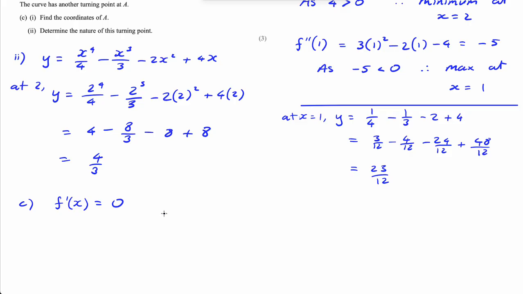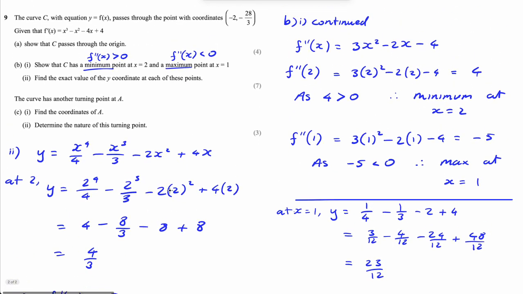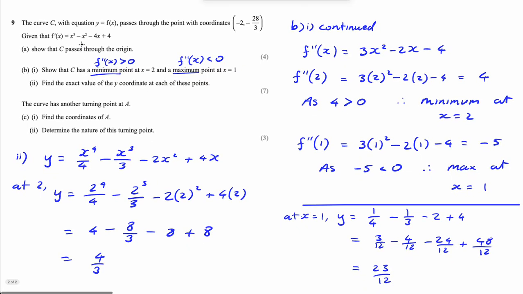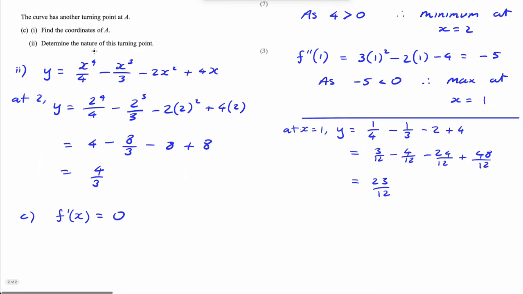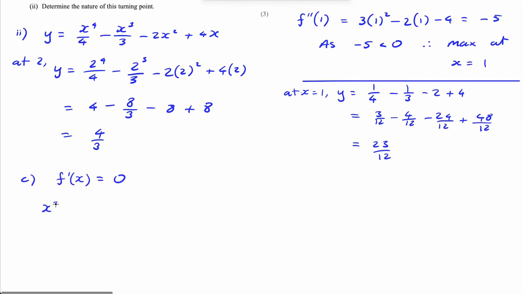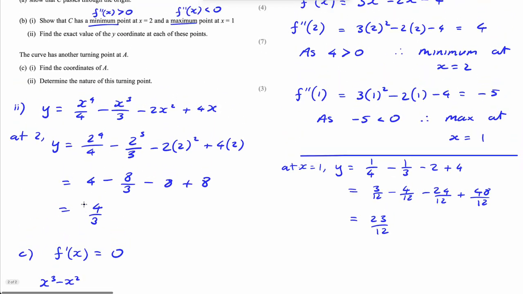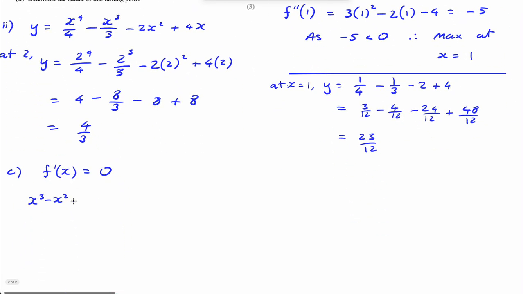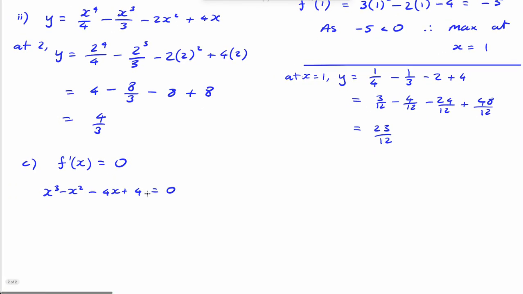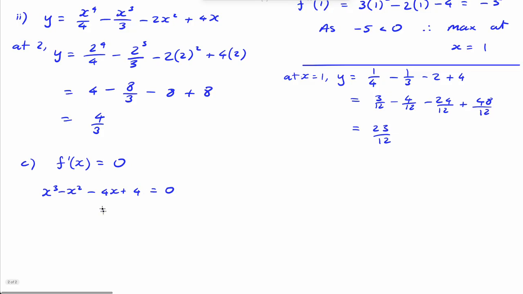Now we know the derivative, x cubed minus x squared minus 4x plus 4 equals 0. So we basically want to solve this cubic equation.